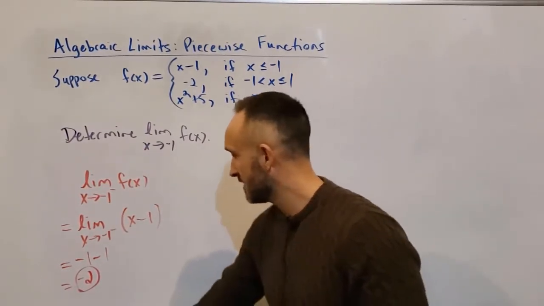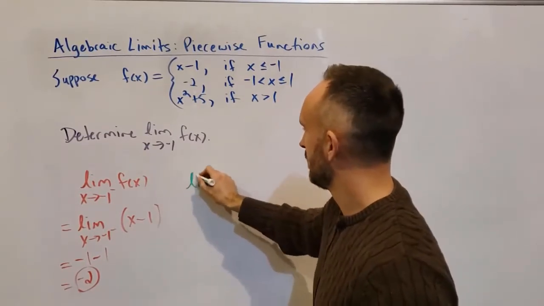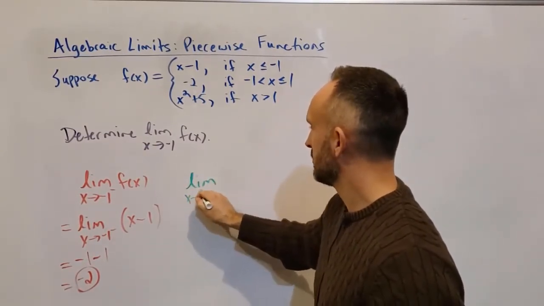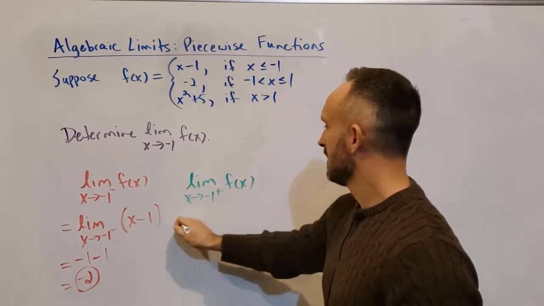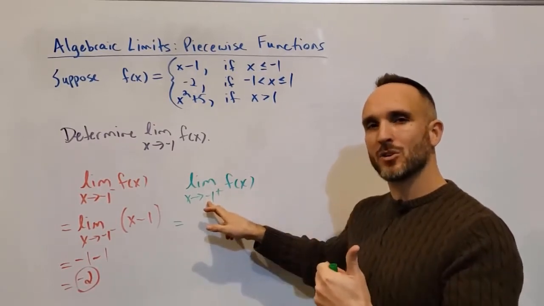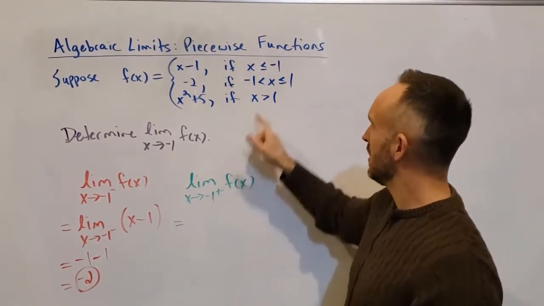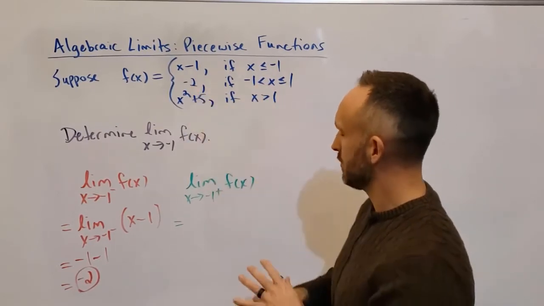Now let's look to the right of -1. So the limit as x approaches -1 from the right of f of x. And for this piecewise function, when we're looking at x values slightly to the right of -1, we're talking about x values bigger than -1. We're talking about this output formula.